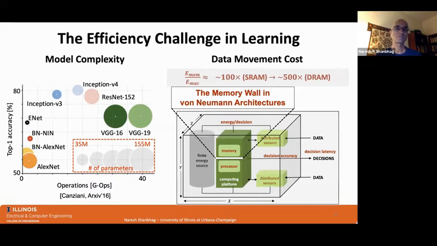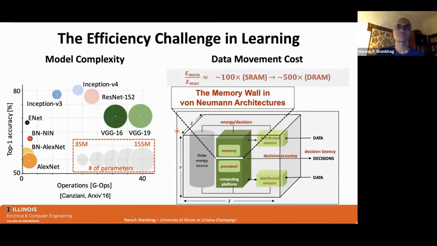In the graph on the left, if I may use a laser pointer, you can see that as the accuracy increases, you need more operations per decision, and the storage requirements also start to increase. So the challenge then becomes, how do we map it onto modern-day architectures? These architectures are invariably von Neumann architectures, right? And von Neumann architecture has been around since 1945, and we've been using it very successfully for so long.